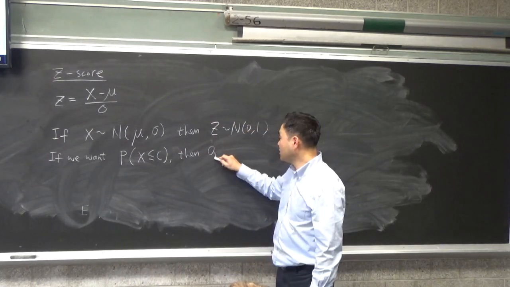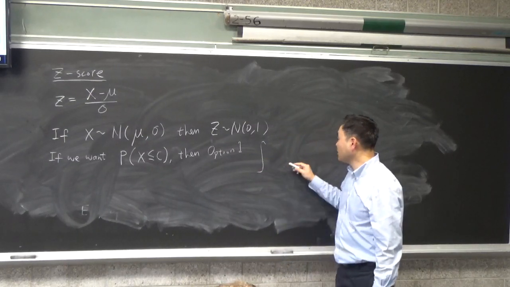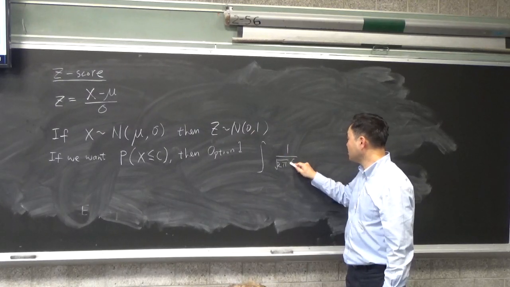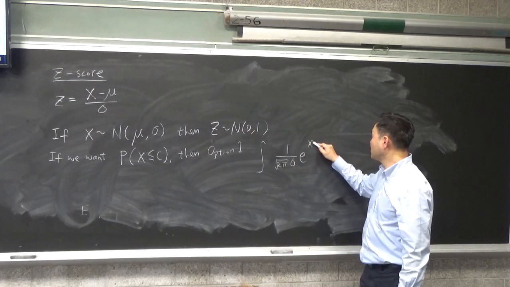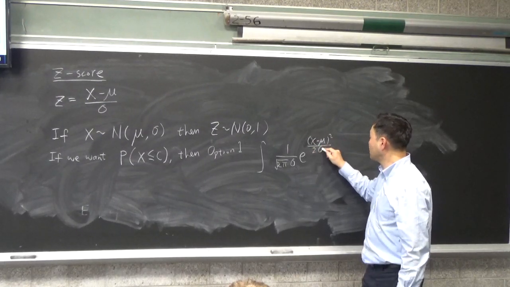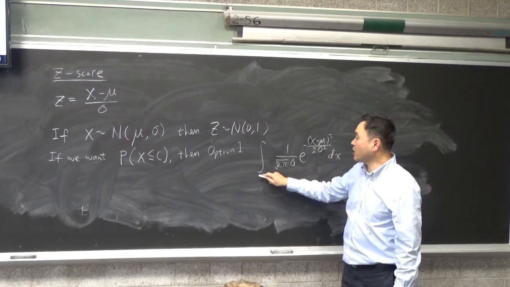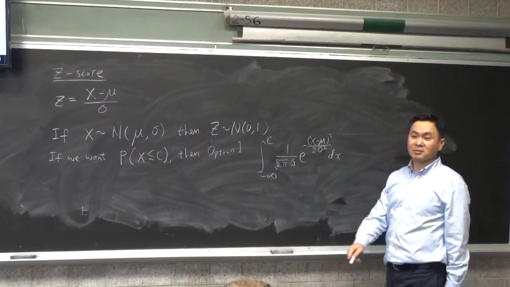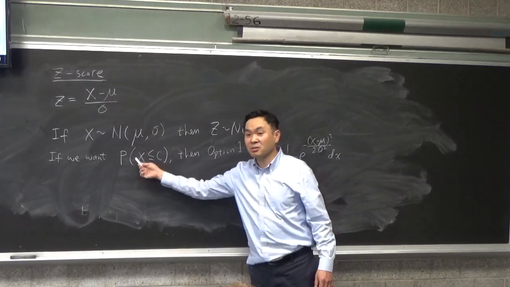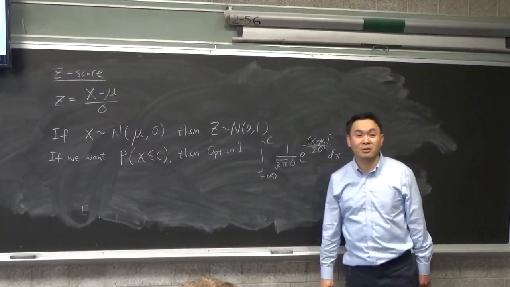Option one is to take simply the probability density function from negative infinity until c. That's how you calculate the probability, right? If you have an interval from a to b, just integrate this probability density function from a to b. That's how you do it.